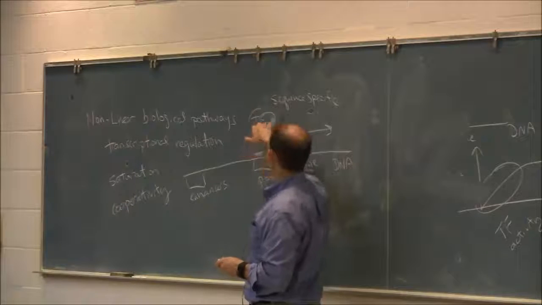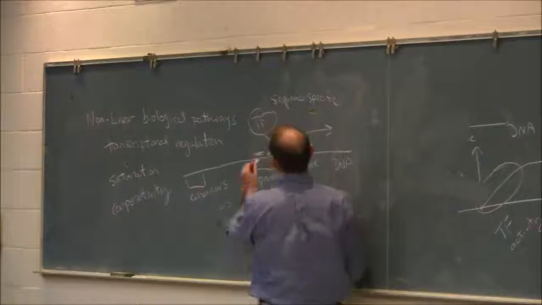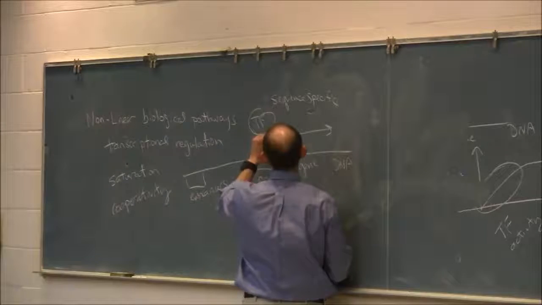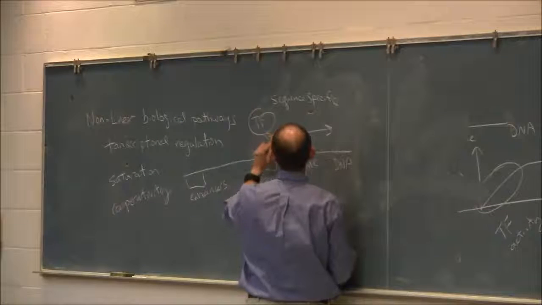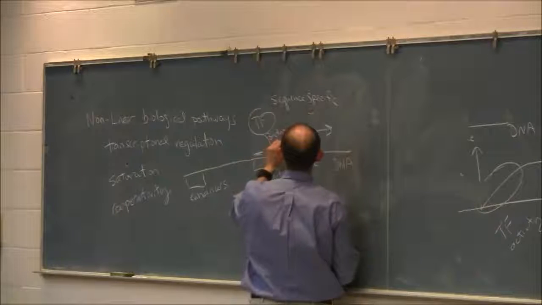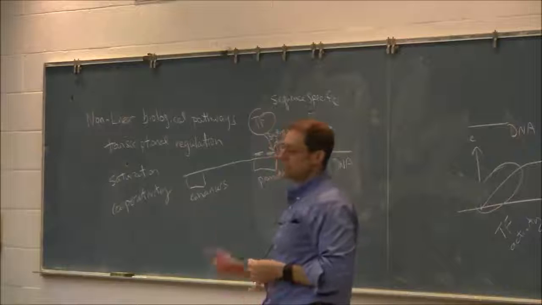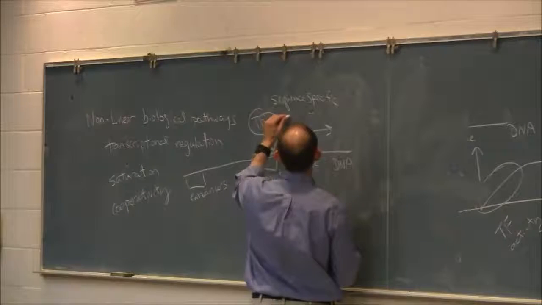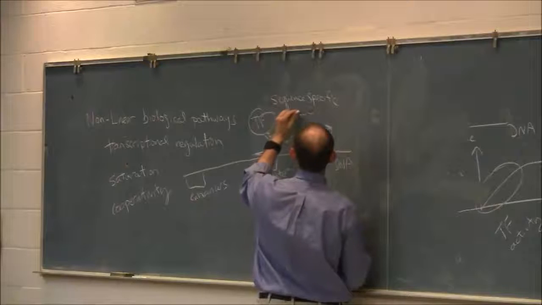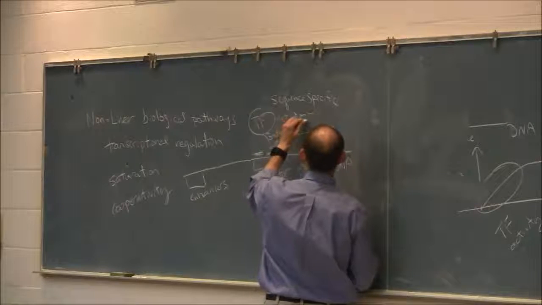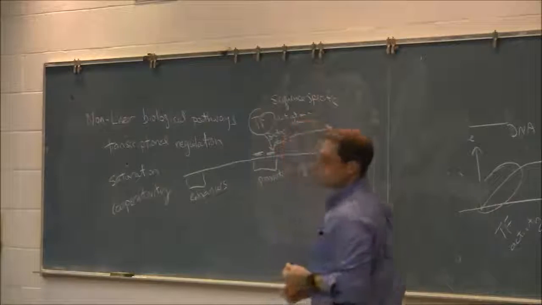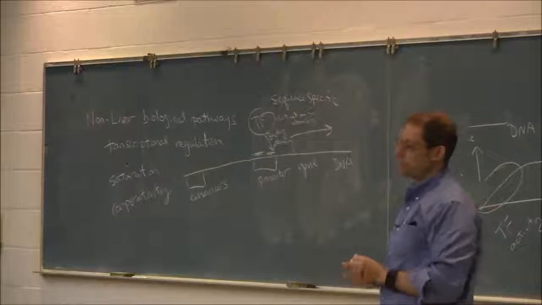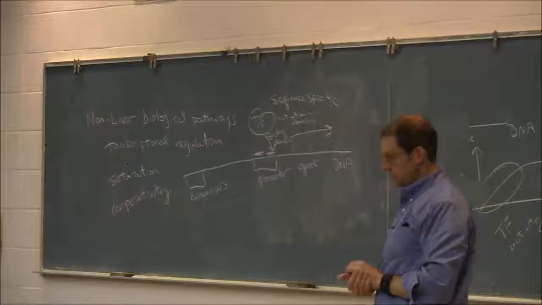So often a sequence specific transcription factor will have one domain that's called a binding domain that recognizes a DNA sequence, and then another domain called an activation domain that sort of pulls down the rest of the machinery that's needed to transcribe a gene.